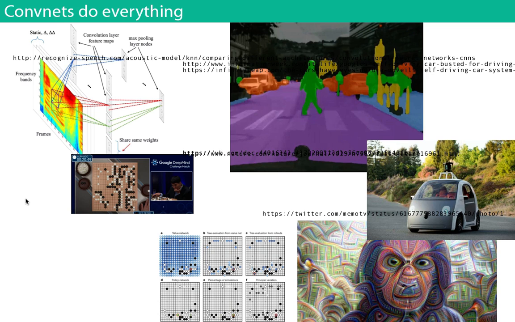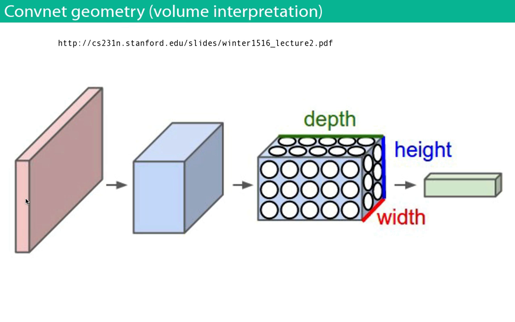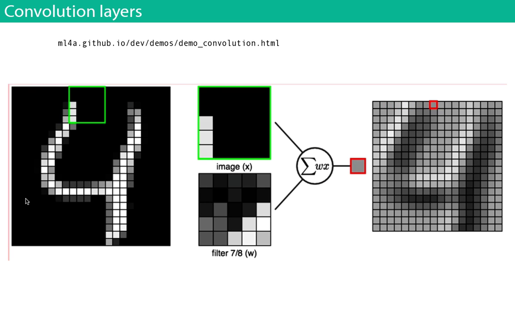And AlphaGo won 4-1. When I was a kid, I'm actually going to get into this later if we have time, we thought that Go was unsolvable, and it turns out that actually it's quite solvable. So they're really applied in many, many different domains, and we're going to see a sampling of them.